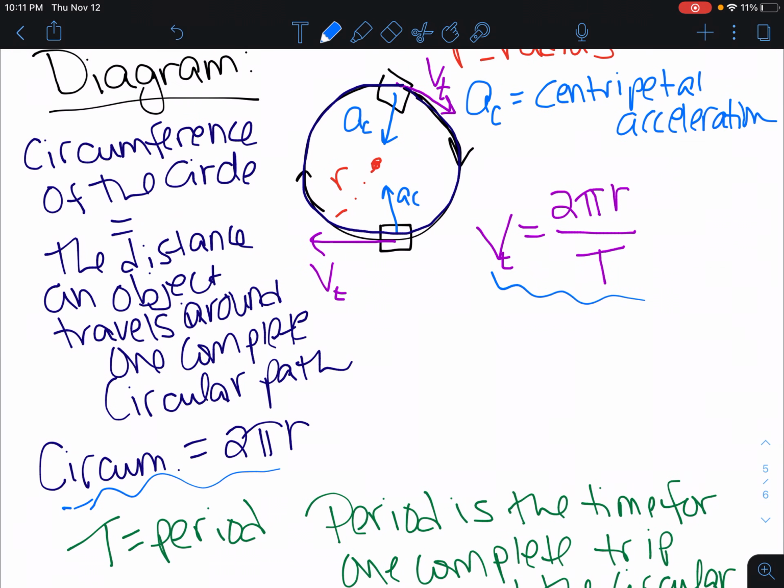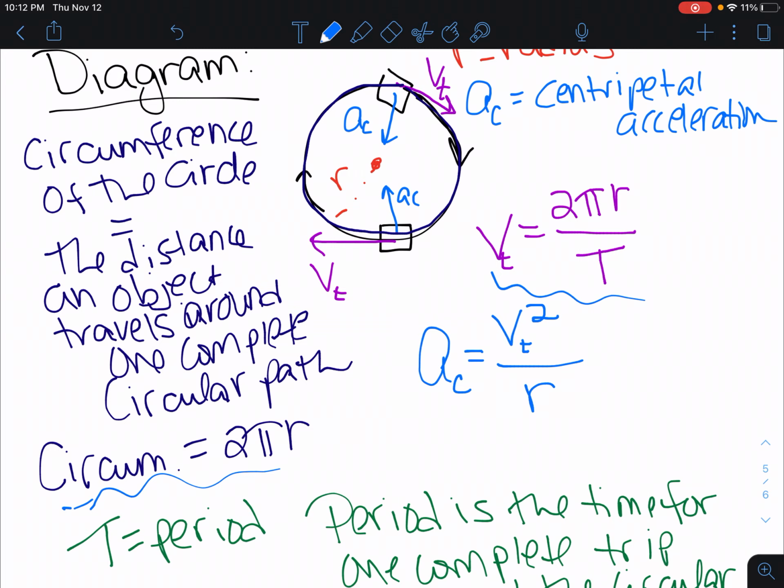Okay, last but not least is your centripetal acceleration. The centripetal acceleration is related to the tangential velocity in that we can find the centripetal acceleration by taking the tangential velocity squared and dividing it by the radius. Okay?